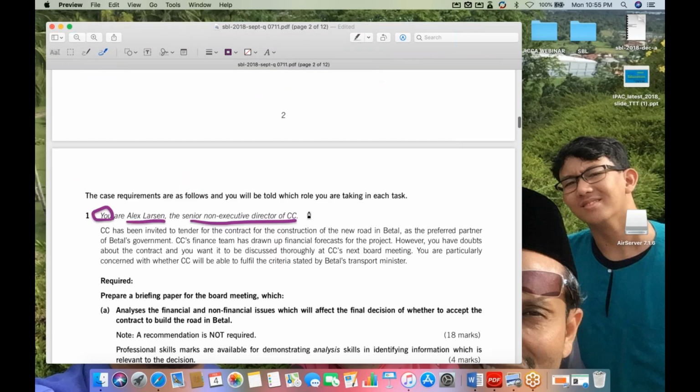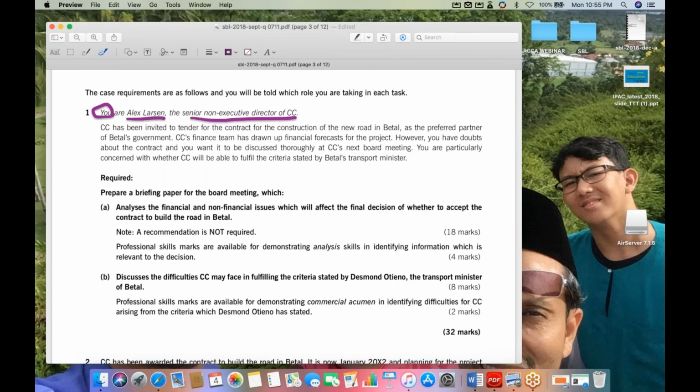You are not an executive director, you are a non-executive director. So definitely you are not employed by them. What happened now is that CC has already invited you to tender for the contract.